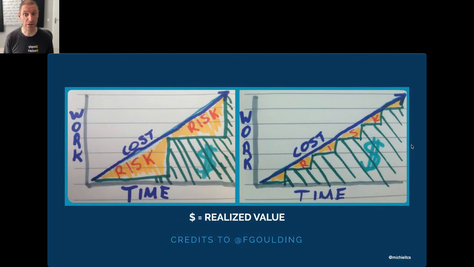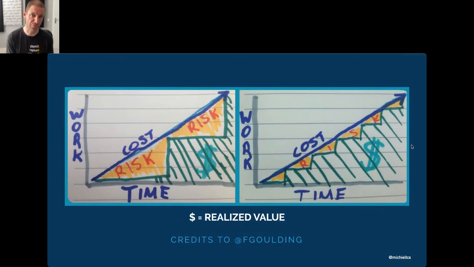So it's not doing anything. It's certainly not adding value at this point. But what it is doing is accumulating risk. The risk that A, it doesn't work, or B, nobody's interested in it. Okay, so as we deploy, what we hope to do is to convert this risk into value. And then we reset and we build up this risk all over again.